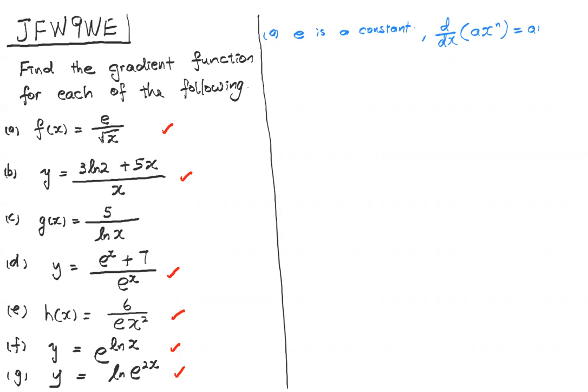Multiply by the power, take away 1. Am I right? So every time when I look at the expression, I know what formula to use. I will start by changing this to e x to the power negative half. Am I right?